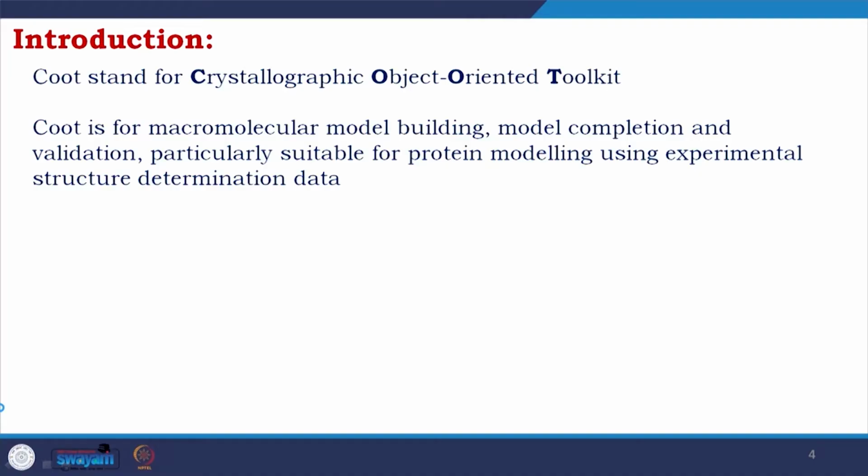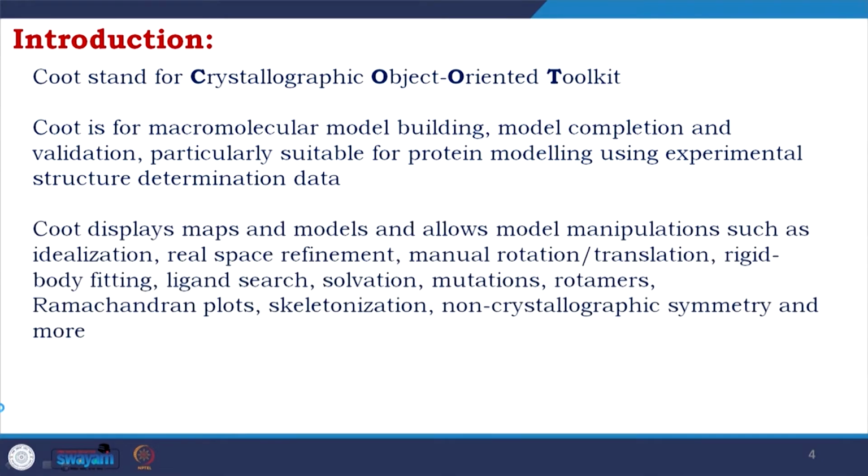So, as I told, COOT is for macromolecular model building, model completion and validation, particularly suitable for protein modeling using experimental structure determination data. COOT displays maps. This is one of the very prominent features of COOT, that it helps you to see the electron density map.